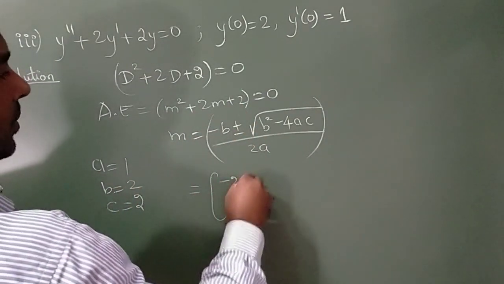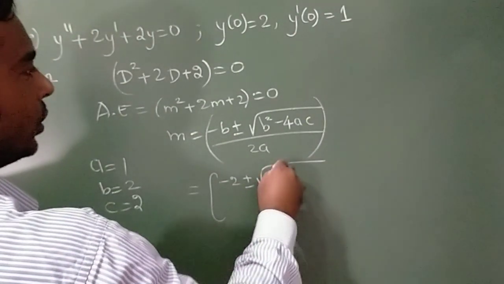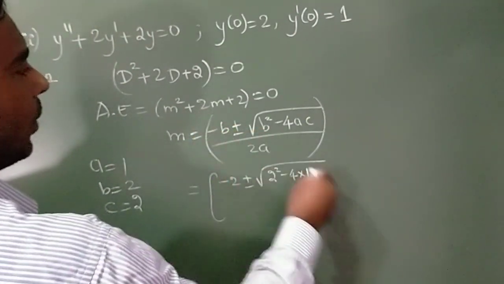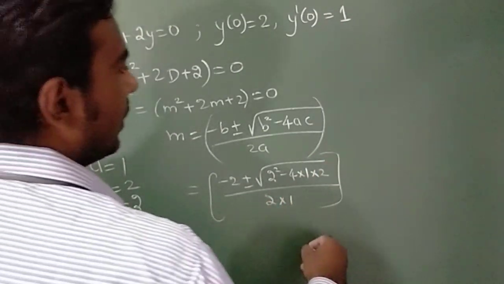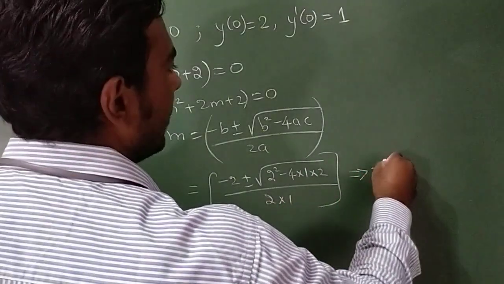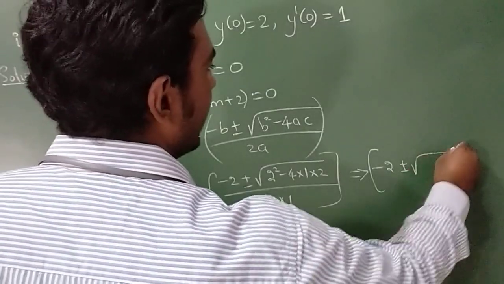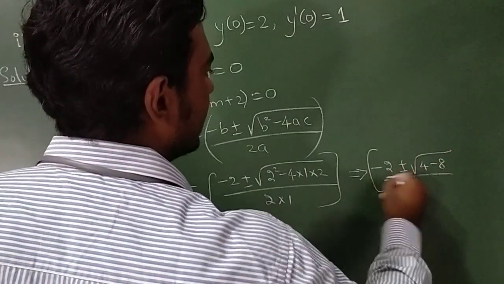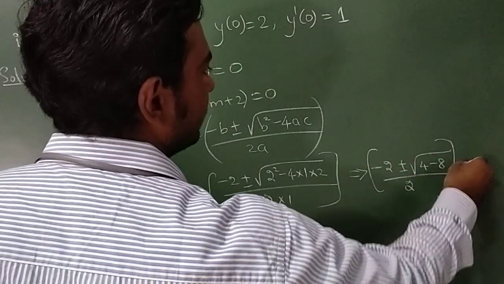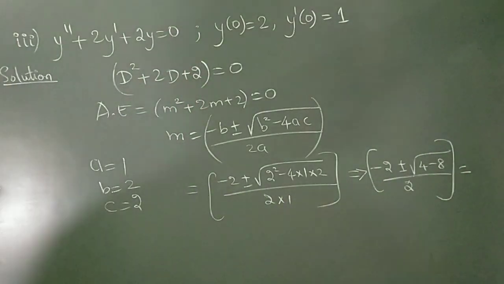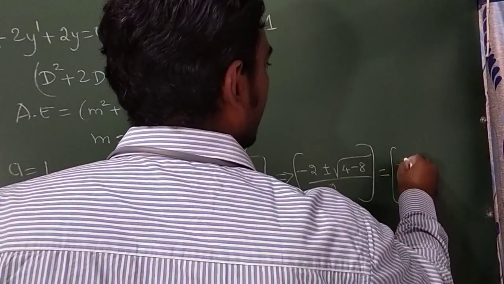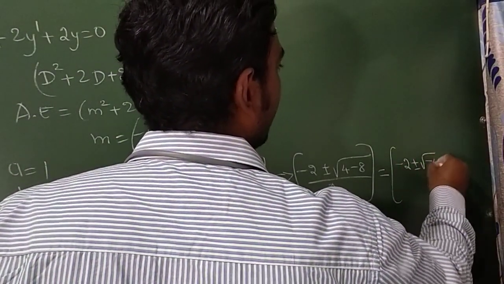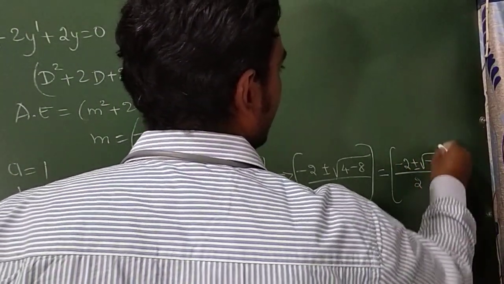So minus 2 plus or minus square root of 2 square minus 4 into 1 into 2 divided by 2 into 1. Okay, so minus 2 plus or minus square root of 4 minus 8 divided by 2. So minus 2 plus or minus square root of minus 4 divided by 2.